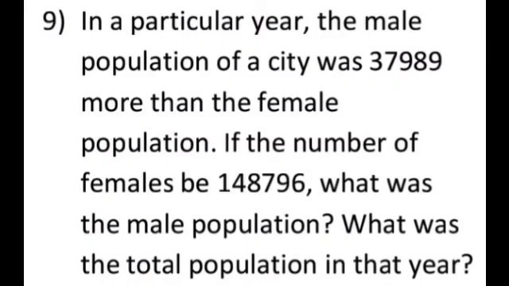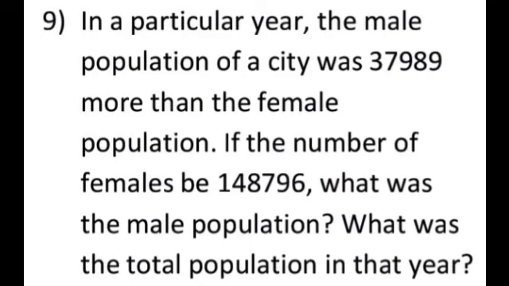In a particular year, the male population of a city was 37,989 more than the female population. Listen carefully, more than the female population. It is not the population of males. If the number of females is 1,48,796, what was the male population? And what was the total population in that year?